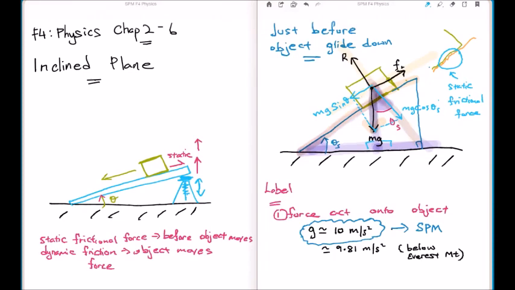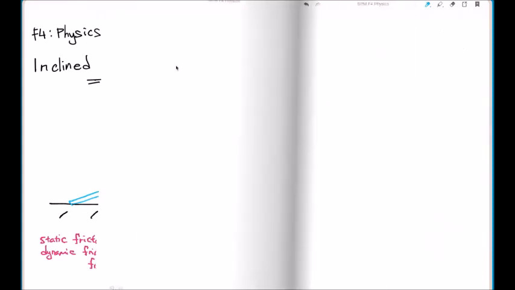So what you will normally see is when this object is going down the hill at constant velocity, for case 1 maybe, we'll talk about constant velocity.